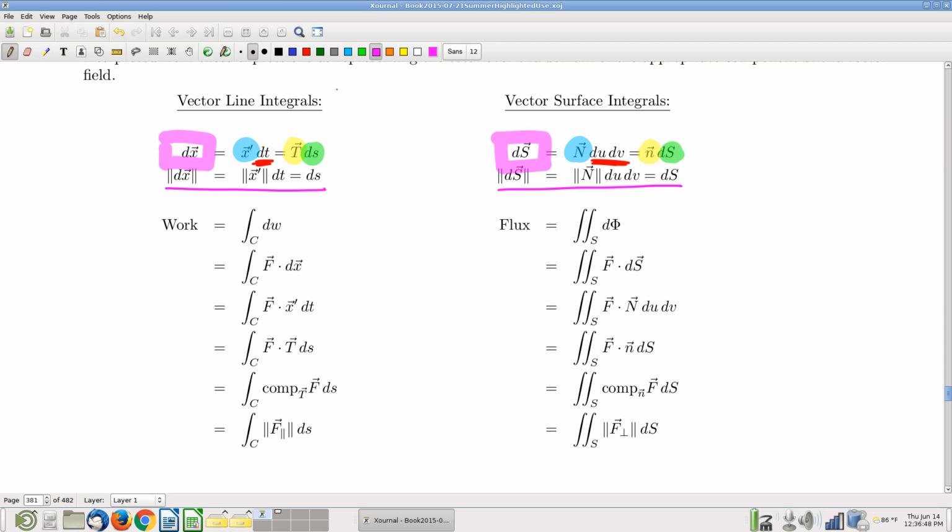Right, the analogy being that, the magnitude of x prime, magnitude of x prime there, magnitude of n there, parameter differential there, parameter differentials there, size there, the analogy is basically perfect. Both of these kinds of integrals we can write in different forms.